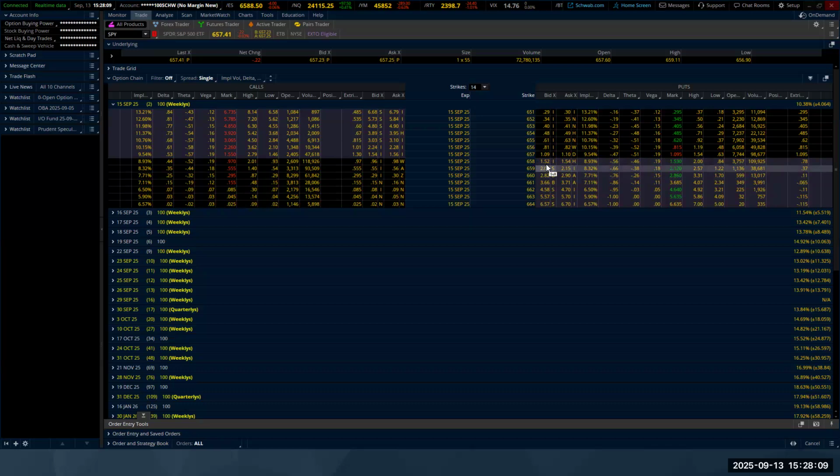You're going to have something that's controlling a $657 instrument. And if you're right, and the SPY goes down $2, then your $2 is going to be worth $3.60. But on the other hand, if the SPY goes up $2, then it's going to be worth $1.10.